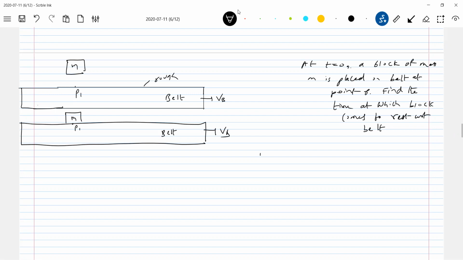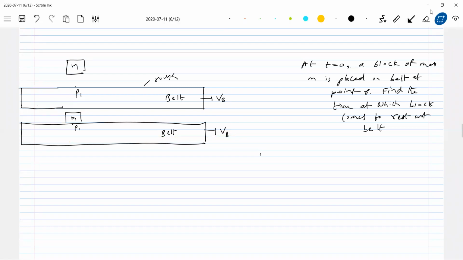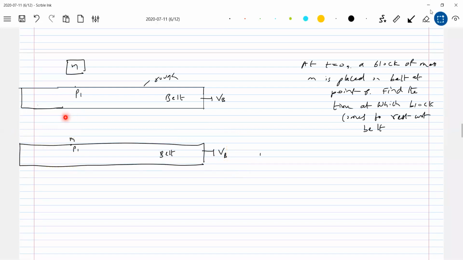In what direction should the friction act here? Calculate the velocity of the block with respect to the belt. Now let's come to how things should act here. Velocity of the block with respect to platform.